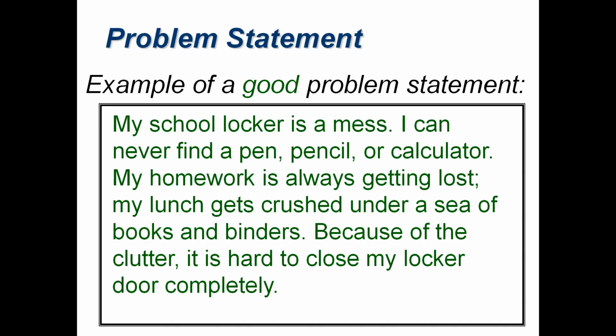An example of a good problem statement is from a high school student, and they say, "My school locker is a mess. I can never find a pen, pencil, or calculator. My homework is always getting lost. My lunch gets crushed under a sea of books and binders. Because of the clutter, it's hard to close my locker door completely." So basically, we write it as a story problem.